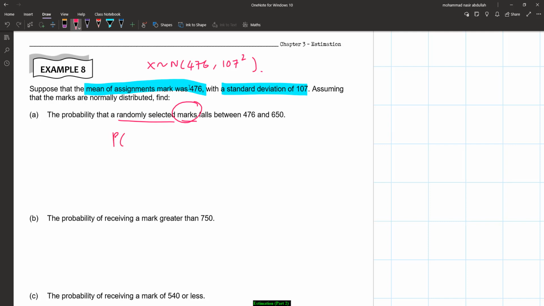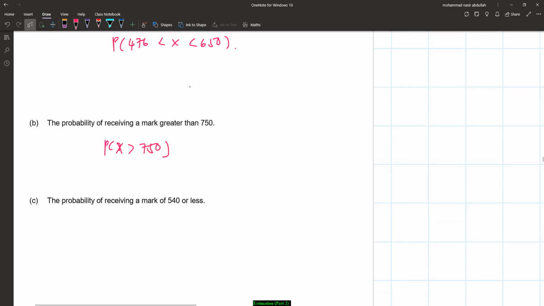There is no sampling distribution, and they don't give the sample size. So this one, probability of X greater than 750, and probability of X less than 540. Very simple to find.